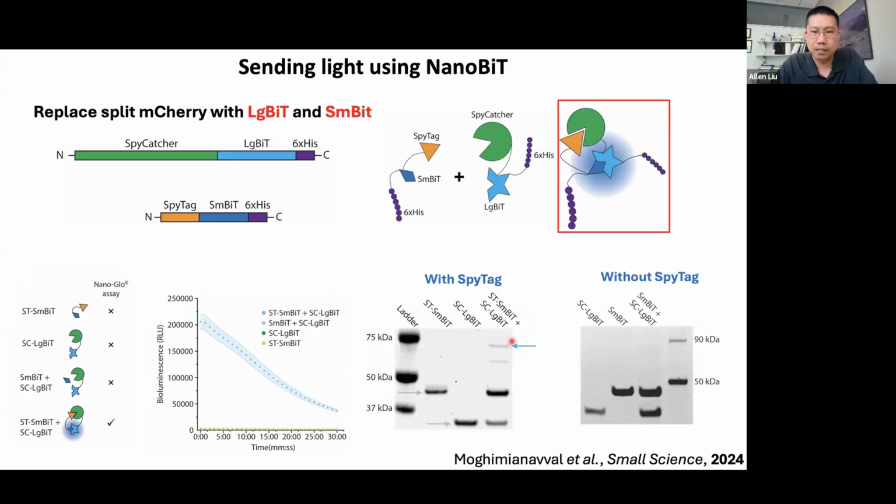We also can see that there's complementation, forming the complex when we have spike tag, and you see this band right here. Without spike tag, you do not form a complex here. Okay, so this is the spike tag SM bit, this is the spike catcher LG bit, and then this is adding the two together.